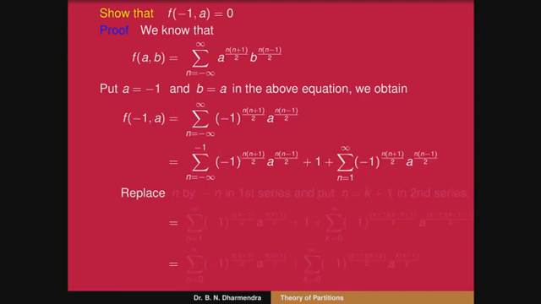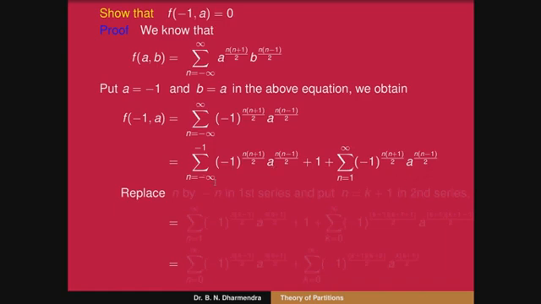So we split into three parts: n running from minus infinity to minus 1, that is minus 1 to the power of n into n plus 1 by 2 into a to the power of n into n minus 1 by 2, plus 1, that is n equal to 0, and the next one n equal to 1 to infinity, minus 1 to the power of n into n plus 1 by 2 into a to the power of n into n minus 1 by 2. So we have to remove the negative terms.